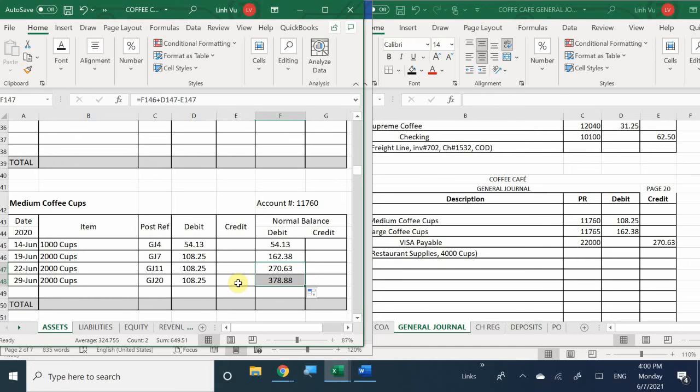Now you're in the ledger under medium cups, right?